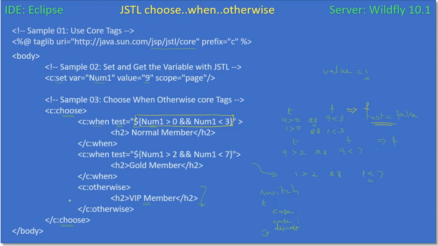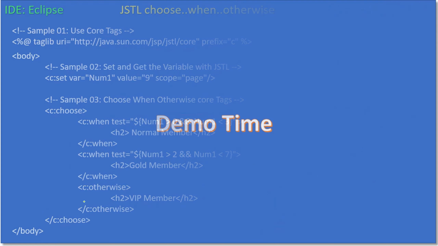So all these tags will work together. So here is the body of the choose tag, and this is the body of when tags. There are two when tags, two bodies here, and there is one otherwise tag also. Now we will go to demo.